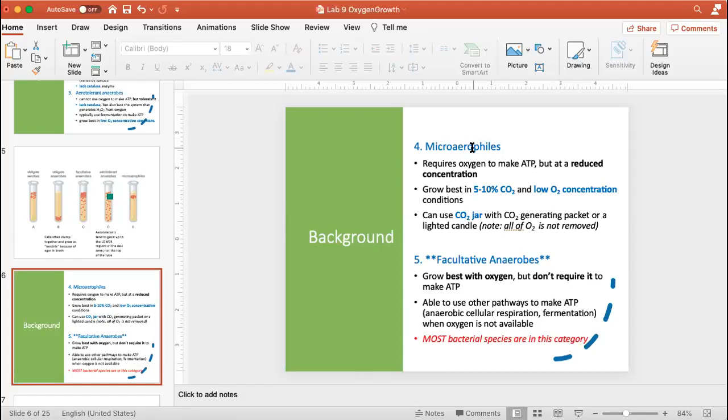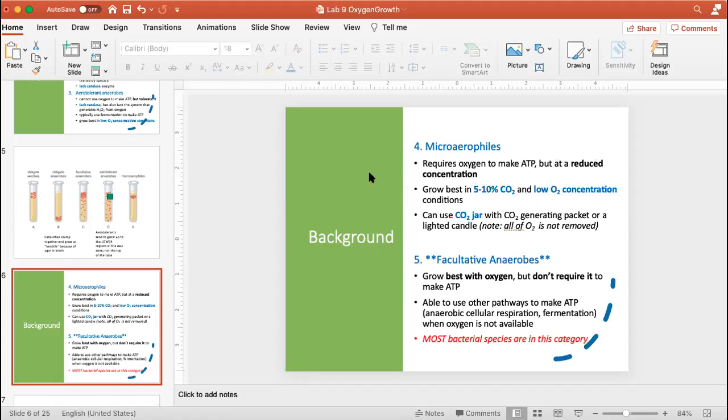They love a micro amount of air. And here we can read air as oxygen. These organisms do require oxygen to make ATP. So just like the obligate aerobes, they have to have oxygen or they won't survive. But here's the important distinction. They require oxygen at a reduced concentration.